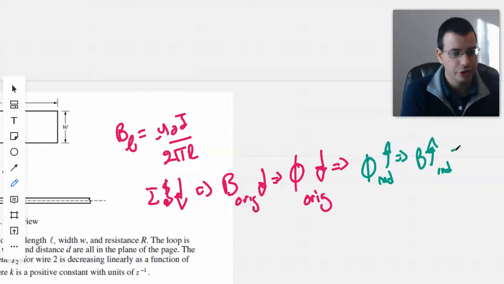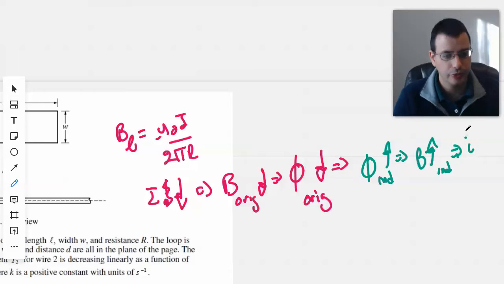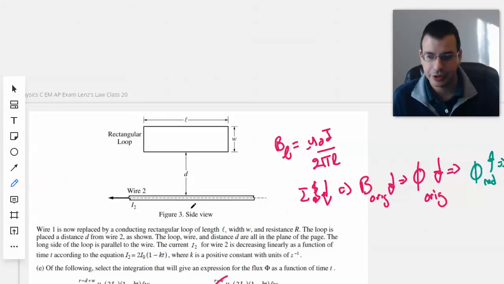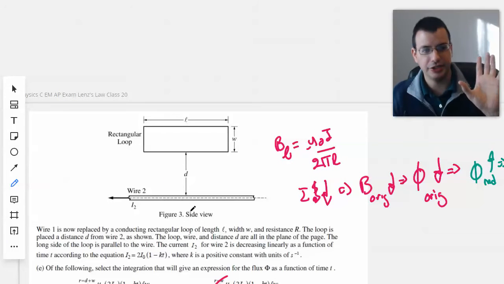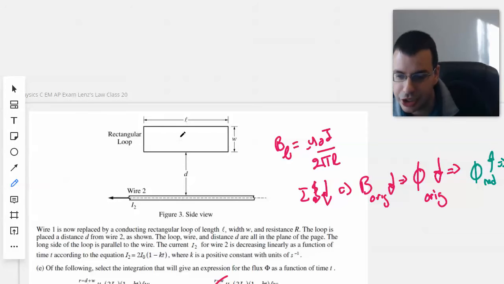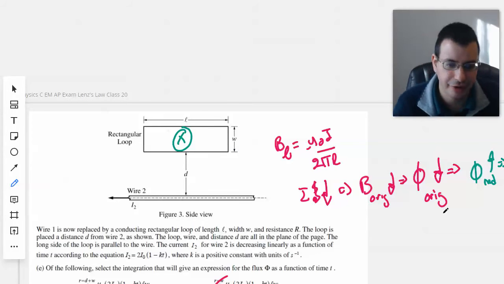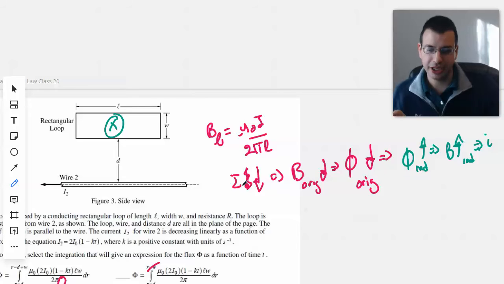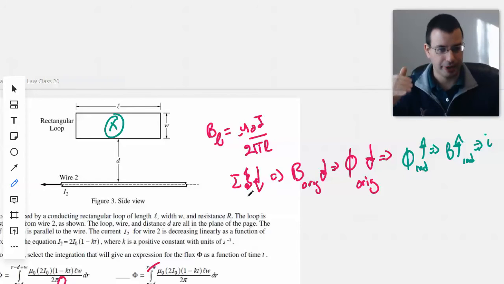It'll still be induced. Therefore, the current will be, okay, so magnetic field is into the board. That was my thumb going along the wire, direction of current, and then fingers going in the direction of the magnetic field. So what this is saying is the original current is dropping.